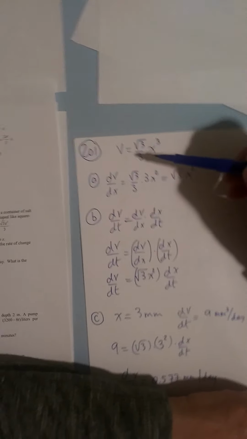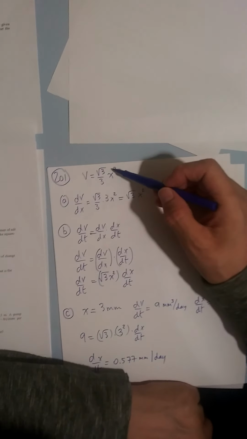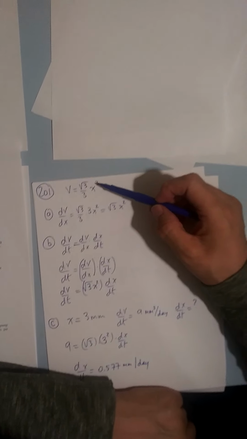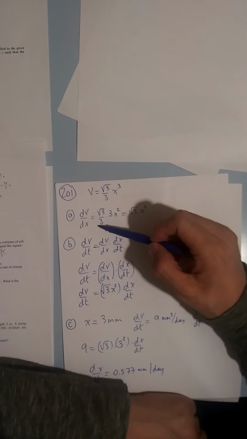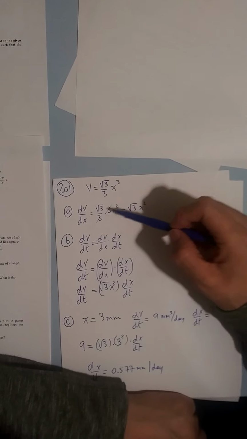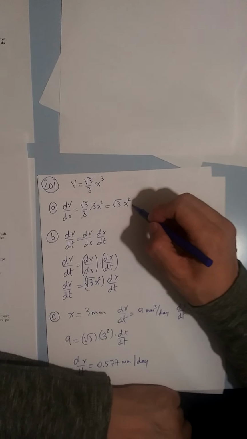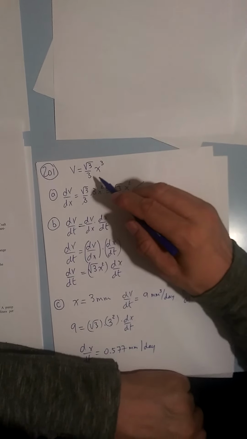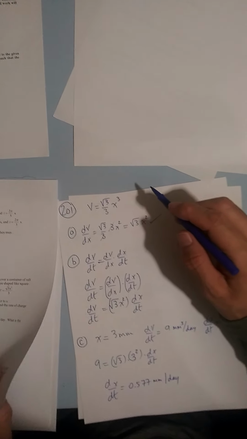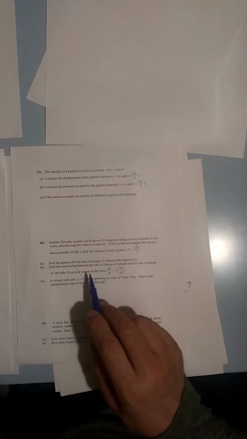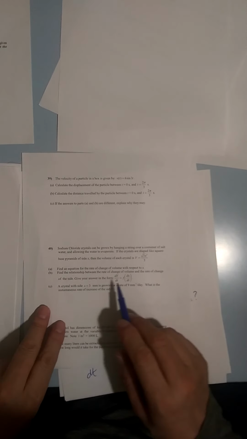So dV/dx is root 3 over 3 times the derivative of x cubed with respect to x, which is 3x squared. The 3's will cancel, so that leaves you with root 3 times x squared, and that's the rate of change of volume with respect to x. Next, they want to know: find the relationship between the rate of change of volume and the rate of change of the side.